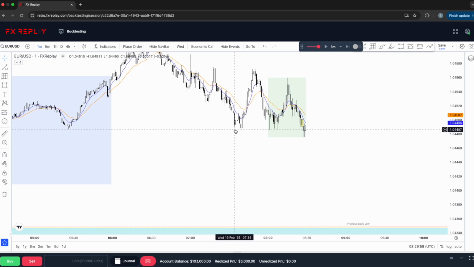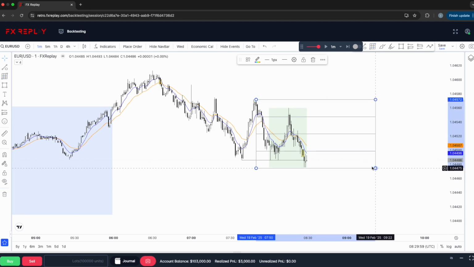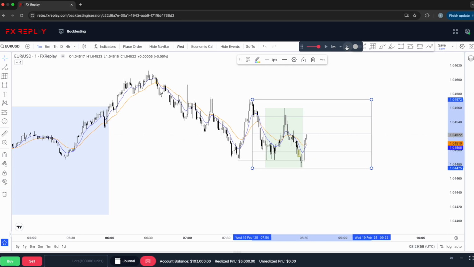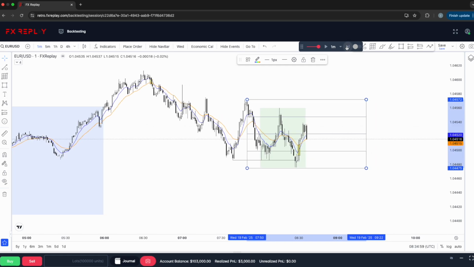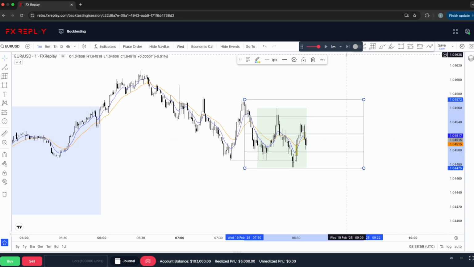Okay, price has swept this and closed below it. And then once it's swept that, this is going to be my high. I want the retracement to at least come here, oh, yep, it's done that. Now I'm waiting for 2 candles below. Perfect.